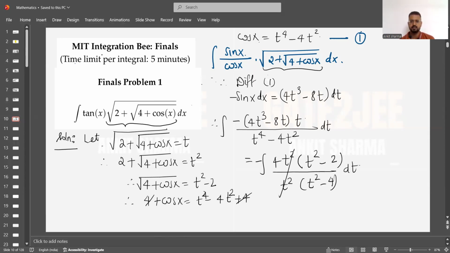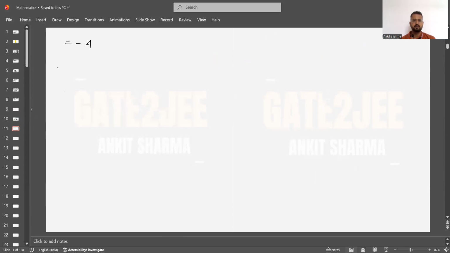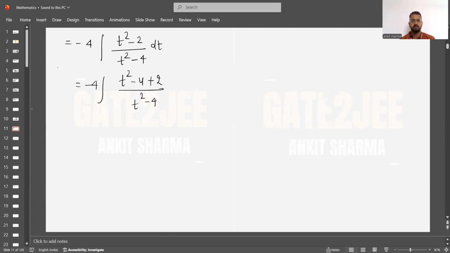So for me, I could cancel this. And then now I'm left with minus 4 times integral t square minus 2 over t square minus 4 dt. And to simplify this, we could write t square minus 4 plus 2, and then we have here t square minus 4 dt.